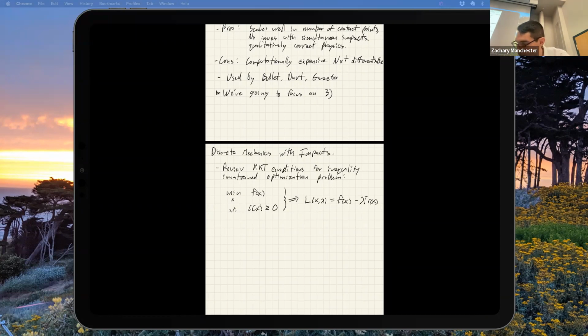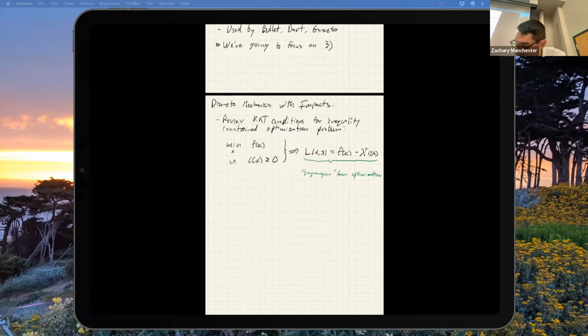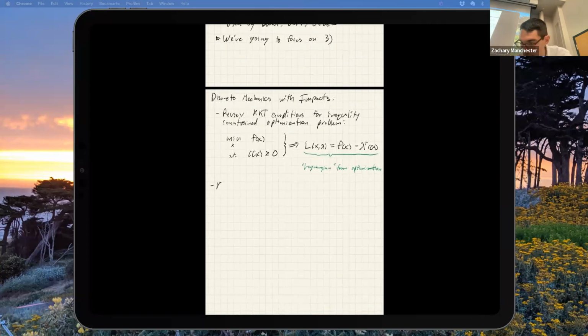This one is the optimization Lagrangian, the thing with the Lagrange multipliers. Closely related, but not exactly the same idea. Now we can write down the KKT conditions in terms of that.